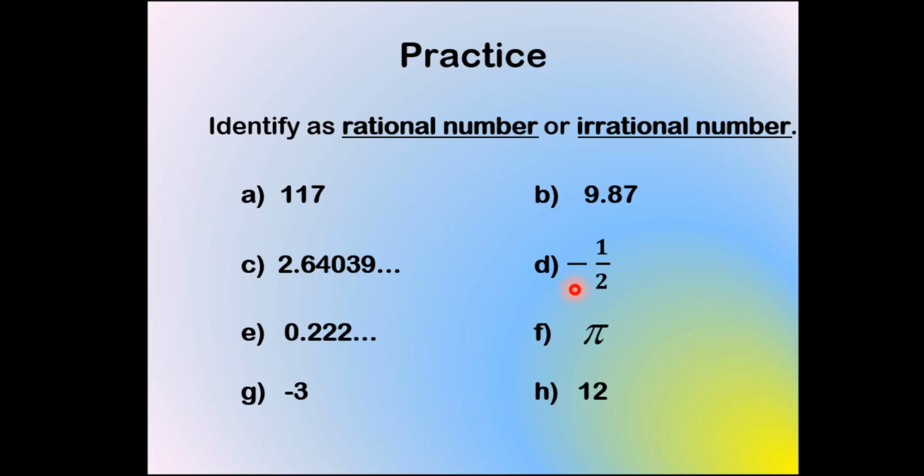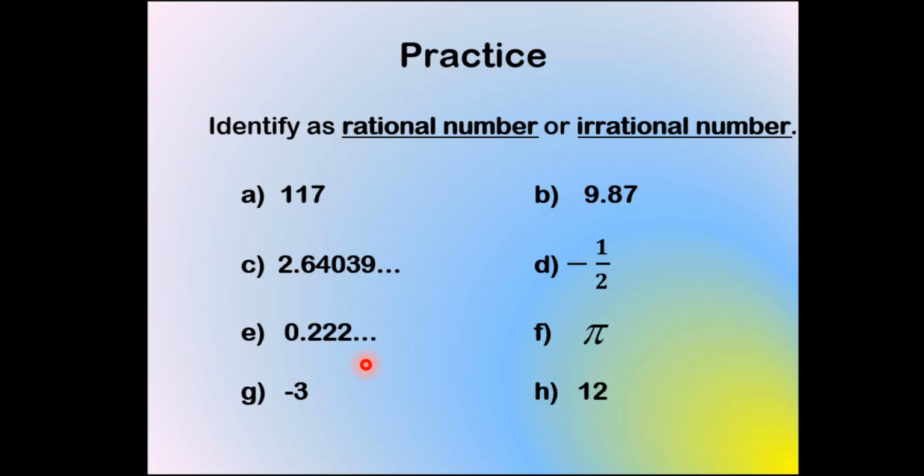Now letter D, we have negative 1 over 2. This one is an easy one. Correct. This is a rational number because it's already a fraction. What about letter E? We have 0.222 repeating. Is this rational or irrational?